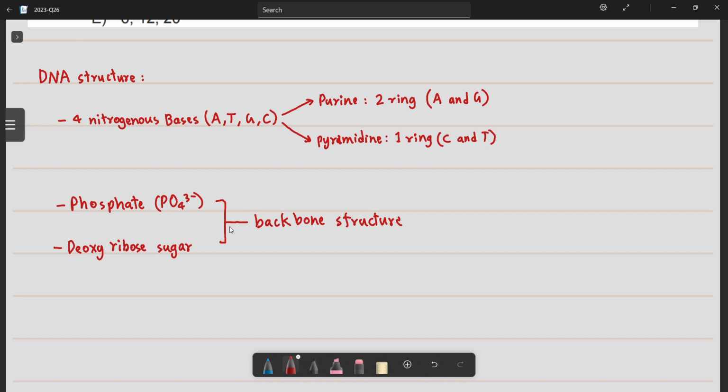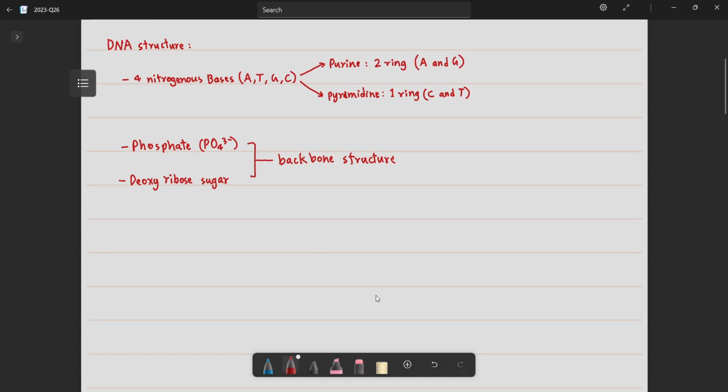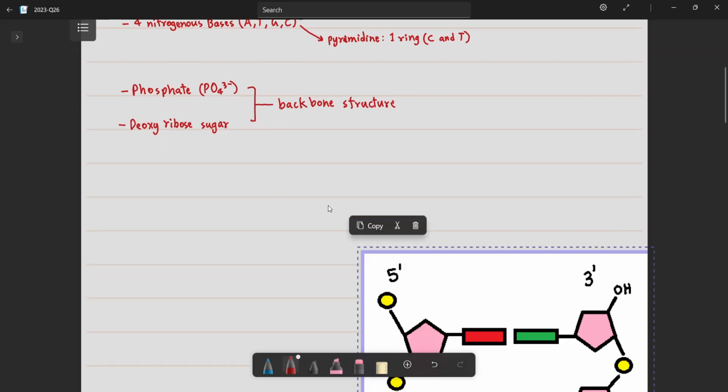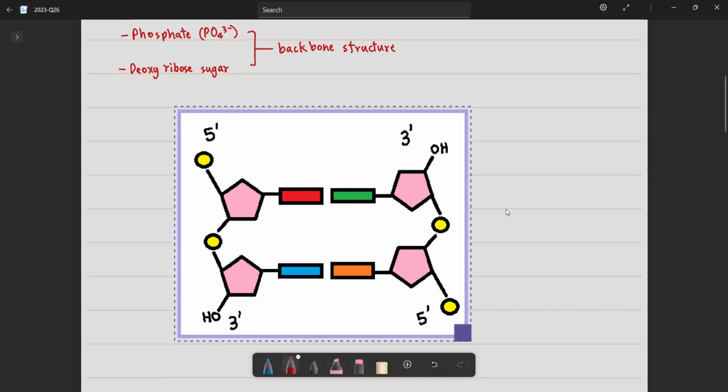Okay, so now that we are aware of the structure of the DNA, I'm going to show a very quick diagram about the DNA, the most basic diagram you must know. So this is the basic diagram of a DNA molecule.